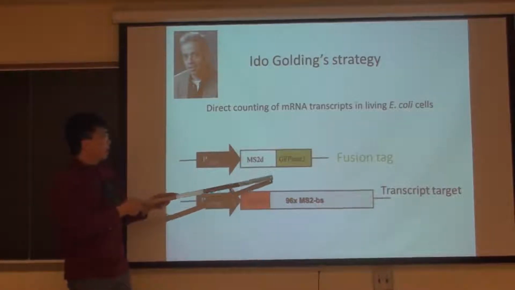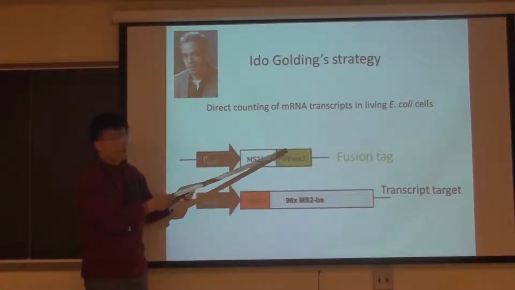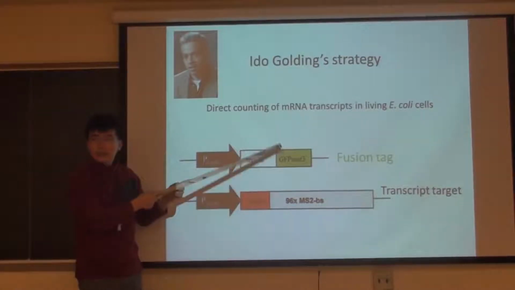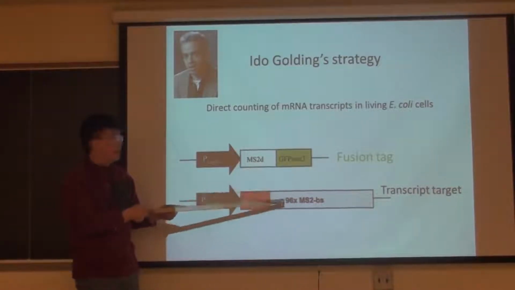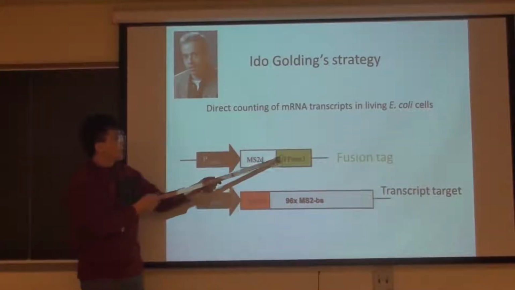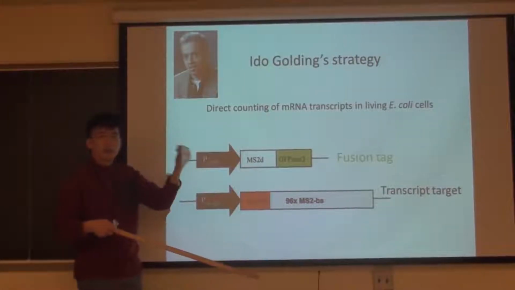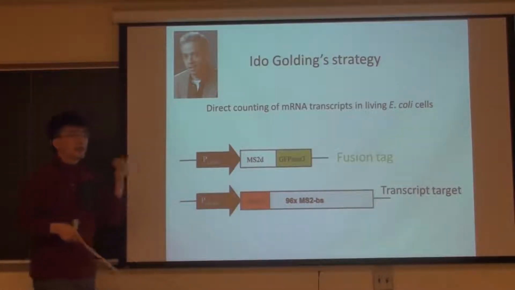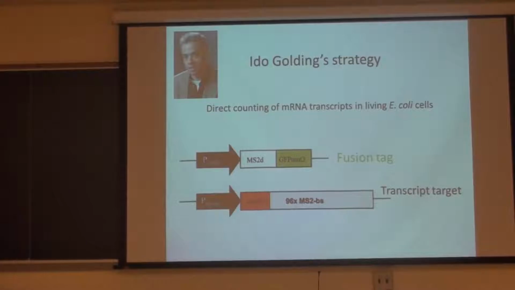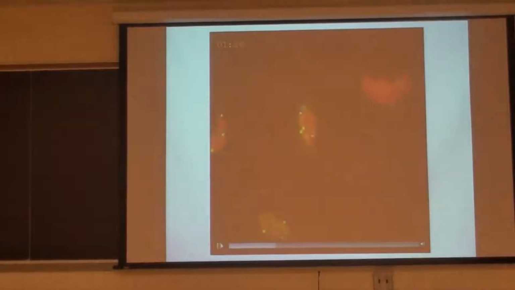And then they also made MS2 binding protein fused to a green fluorescent protein expressed in the same cell. Then every time a new RNA molecule is produced, that protein will bind, gang up on it, and that will appear as a green spot inside a living cell. So this is an example movie.